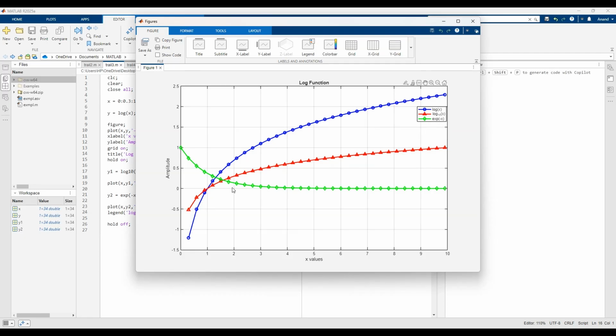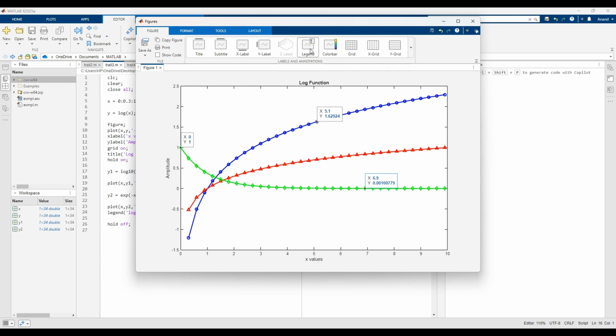Okay, so I have designed, or you can say I have plotted, three graphs: ln x, log x, and exponential of minus x, and all three graphs in one plot. So we can remove the grid, or we can add the grid by our requirements.